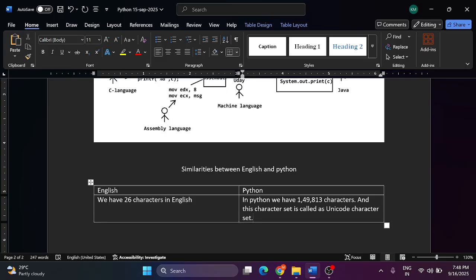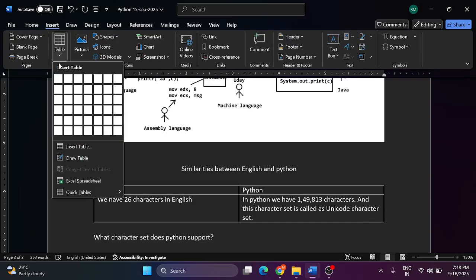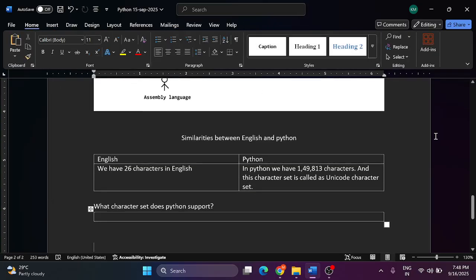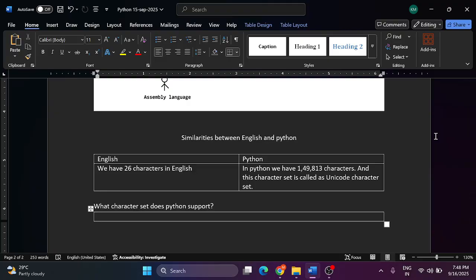The collection of characters, 1,49,813 characters are there, right? It has a name called Unicode character set. If I ask you this question, what character set does Python support, then your answer is the Unicode character set.